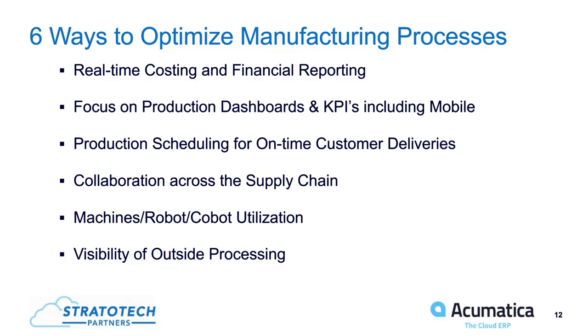With those overall objectives in mind, we're going to take a look at the tools in Acumatica that help us support those objectives and allow us to schedule production, deliver products on time to customers, balance your capacity, collaborate with your supply chain, and at times, as a standard practice, or maybe to assist with capacity, take advantage of outside processing capabilities in Acumatica.